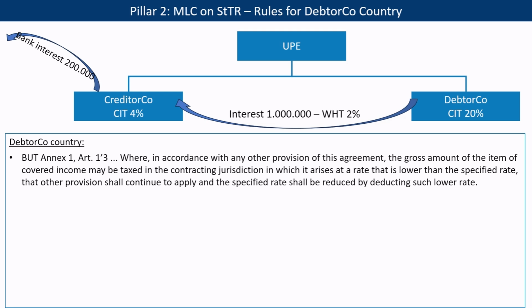Right? So the specified rate is 9% minus the 4% paid in credit country. That's 5%. But now, since debtor country can already levy 2% withholding tax on interest, that 5% is further reduced by the 2%, leaving us with 3%.